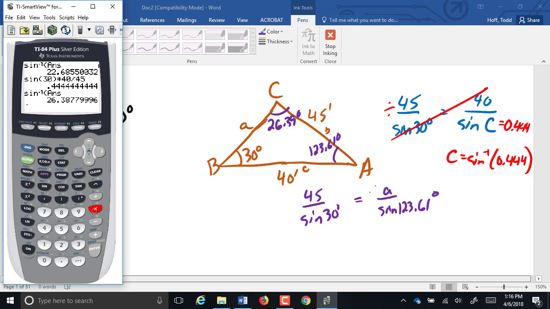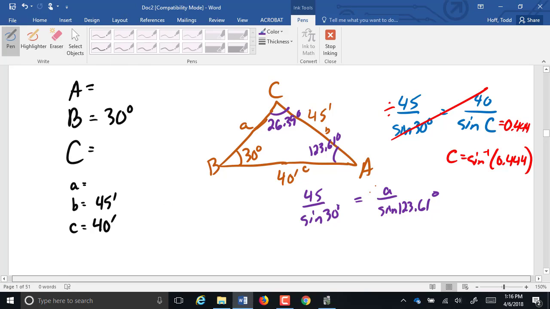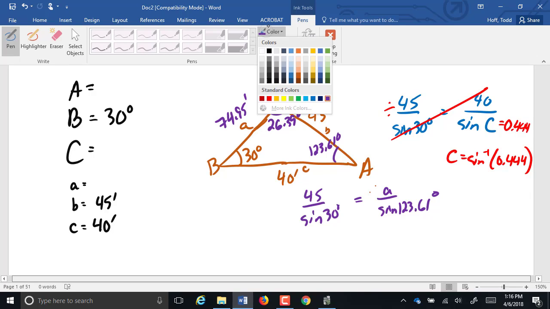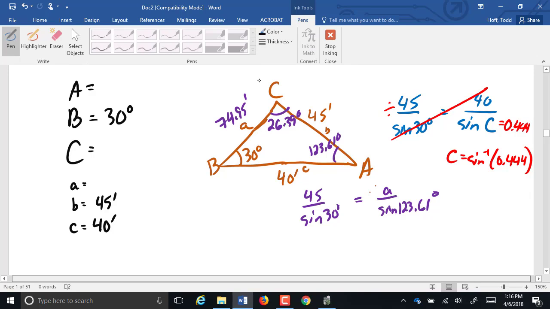So 45 times the sine of 123.61 divided by the sine of 30. 74.95. So it's relatively easy when that's the case.